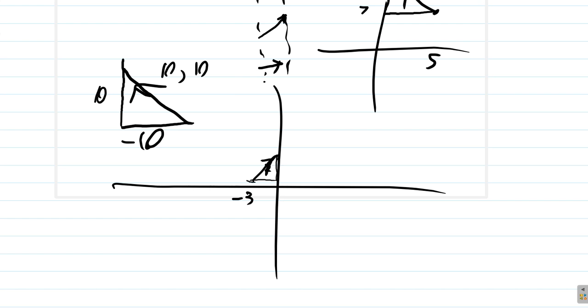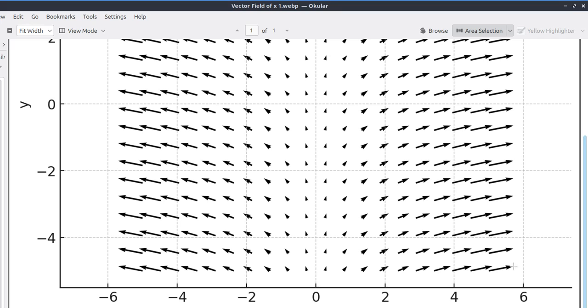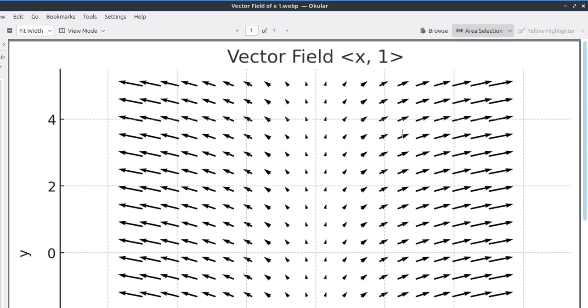So what you're looking at is, when you're considering over to the right, over to the positive side, the vector field is x, 1.